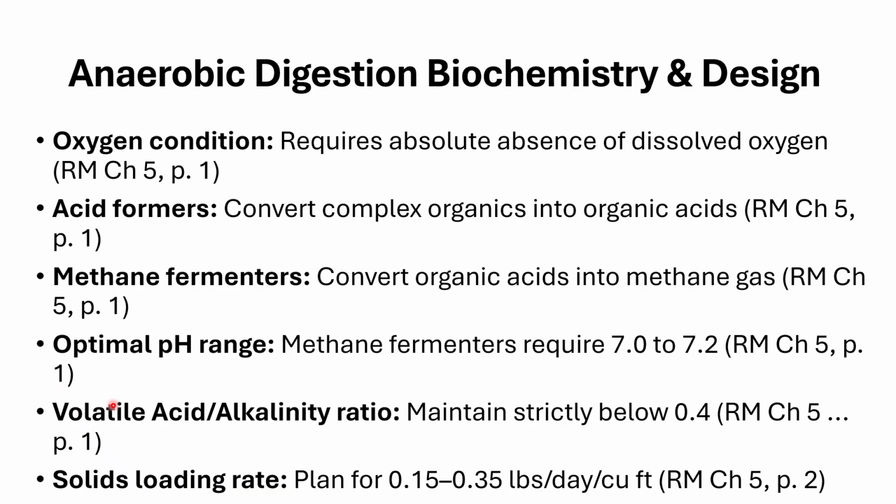So the ratio of volatile acids to alkalinity has got to be below 0.4 for this to work. Okay, and what we're going to find a little later is the volatile acid to alkalinity ratio going above 0.4 and the pH varying outside of 7 to 7.2.